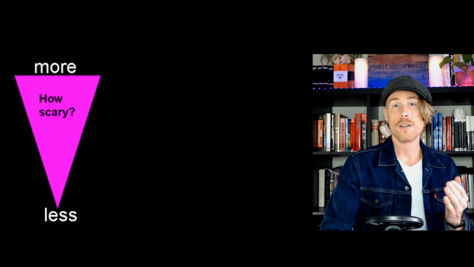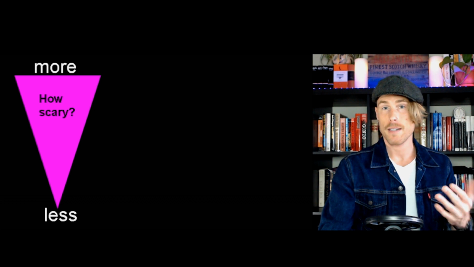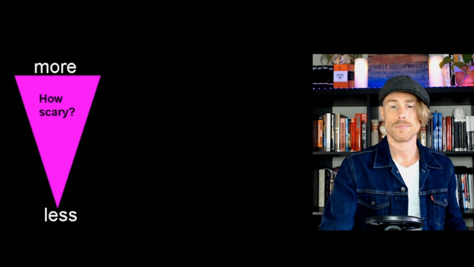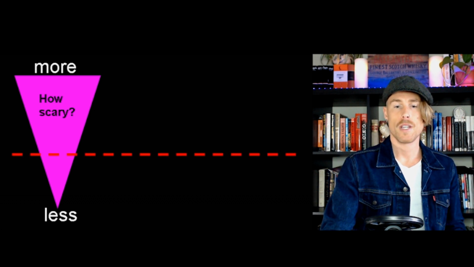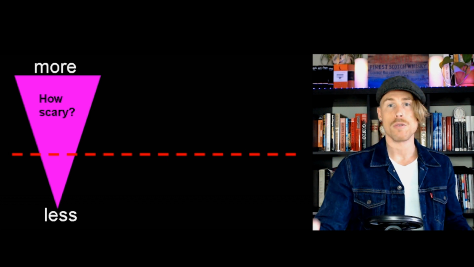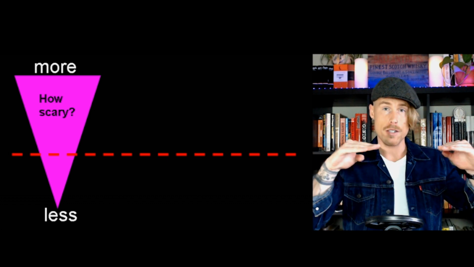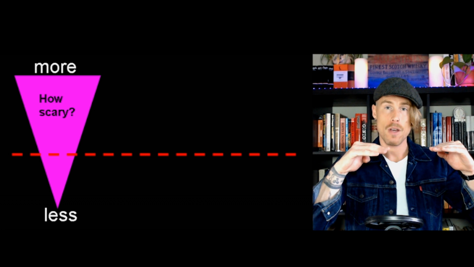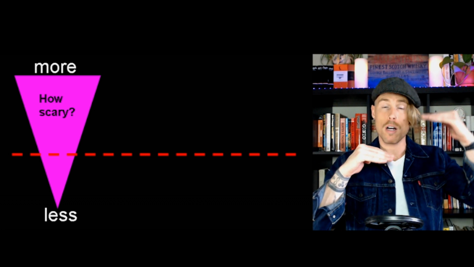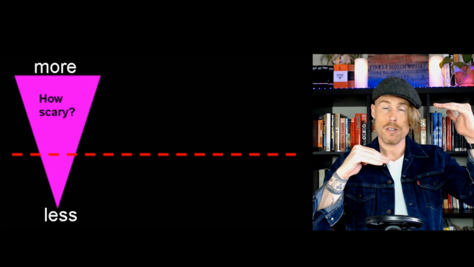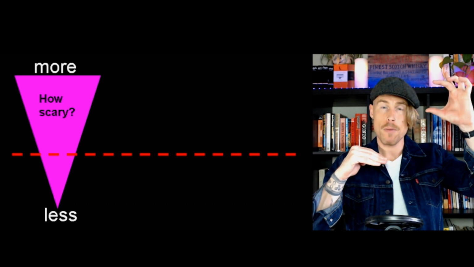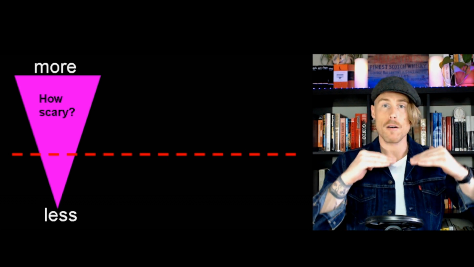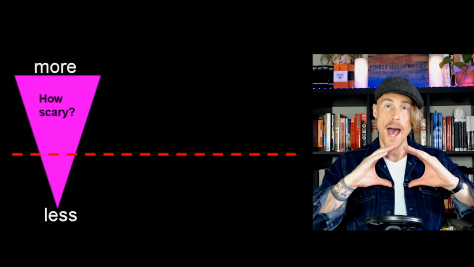Okay, here we have the same chart again, how scary. And this time I want to cut the chart in half. All of the strong modifiers will go at the top. All of the weak modifiers will go at the bottom.